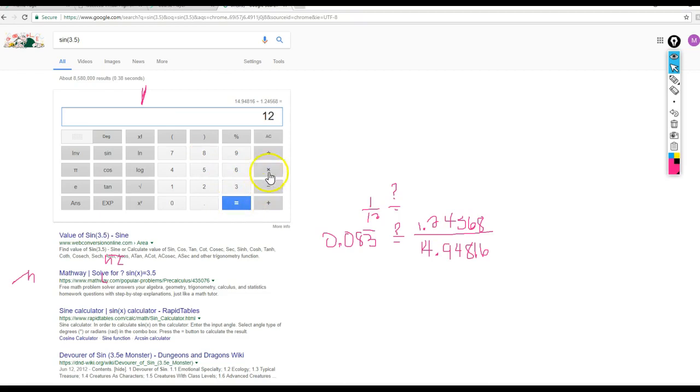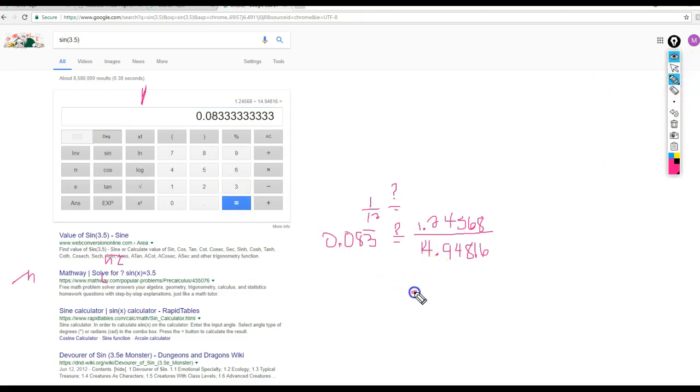Whoops, I did that backwards. I apologize. It needs to be 1.24568 divided by 14.94816. There we go. It's 0.83 repeating.